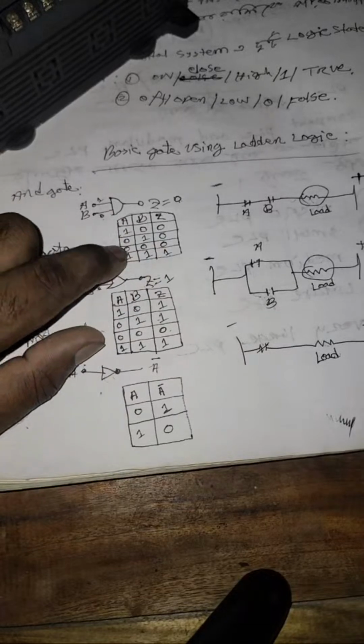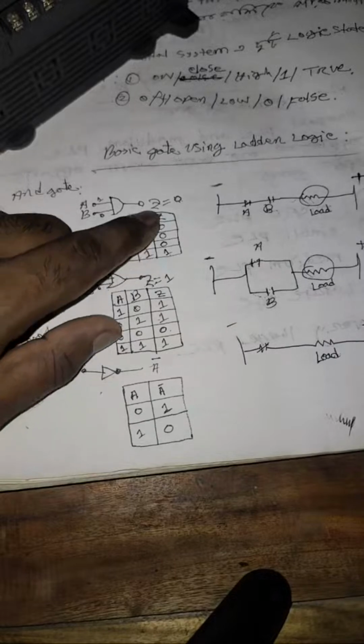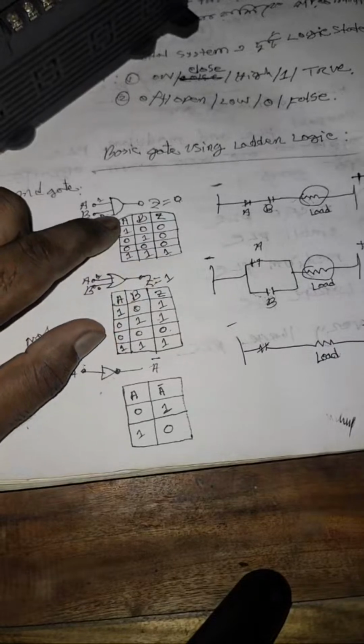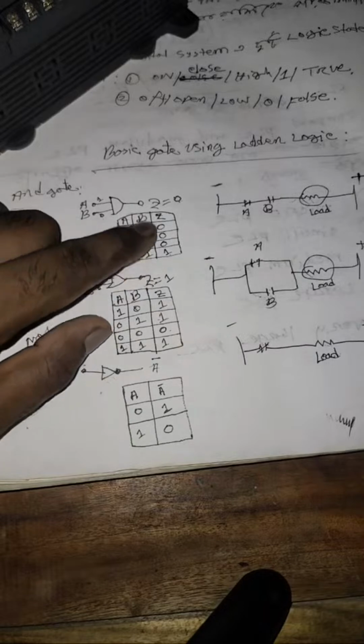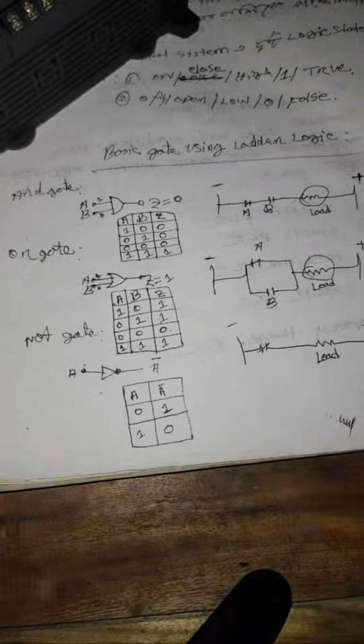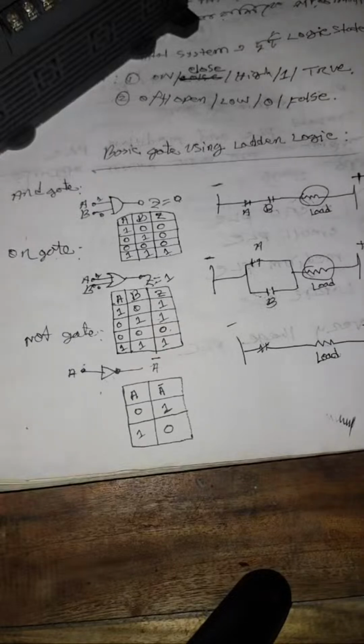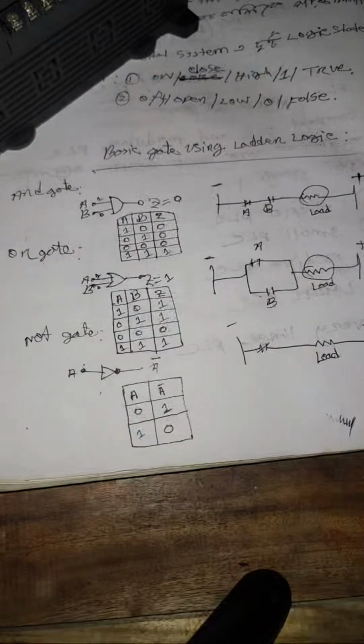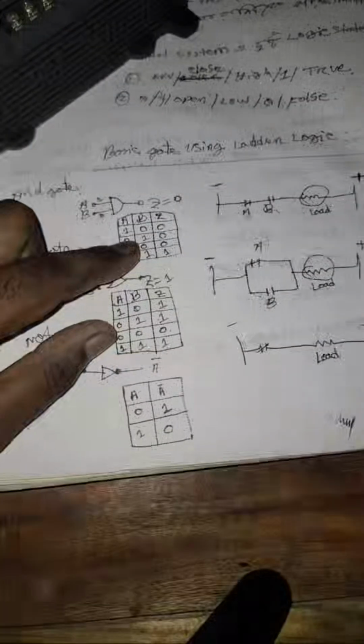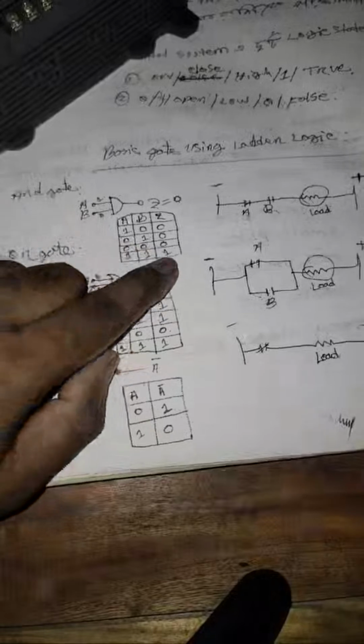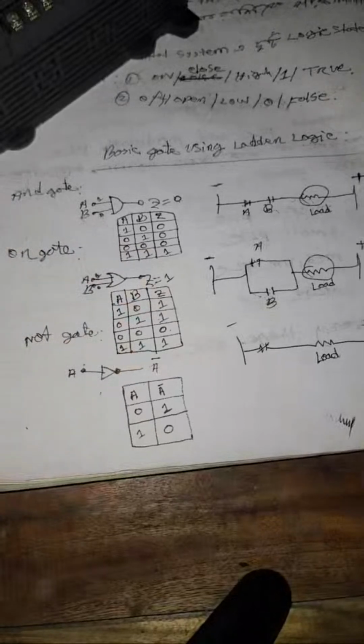When A is 0 and B is 0, then the output is 0. When A input and B input are both 1, the output is 1, or high, or true. So the truth table shows that only one position gives a high output. So this is the count type AND gate.